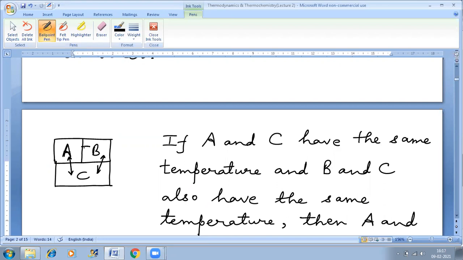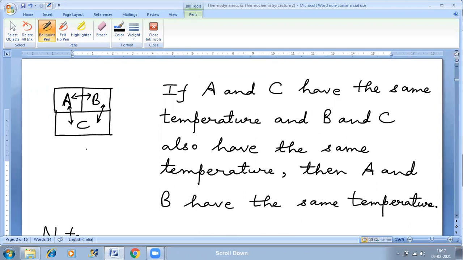So this means that A and B also have the same temperature. So if A and C have temperature which is equal, B and C have also the same temperature, this would mean that A and B have the same temperature. So this is an example of zeroth law.